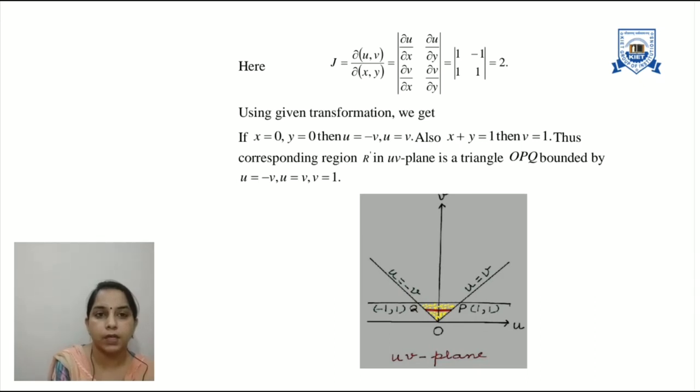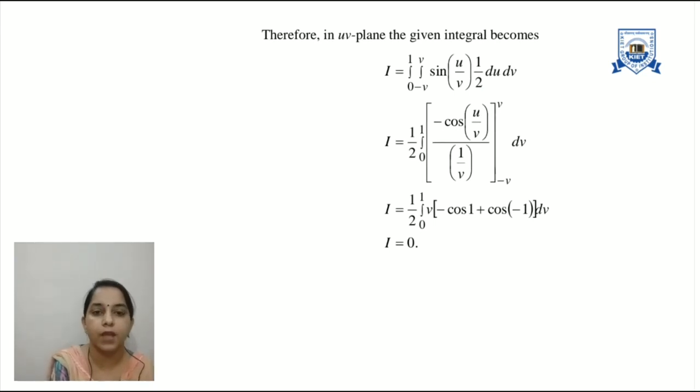Alright, here the region of integration is bounded by the lines u equals minus v, u equals v, and v equals 1, and the horizontal line is taken parallel to the u axis. So we have variable limits for u and constant limits for v. The variable limits of u are from left to right.